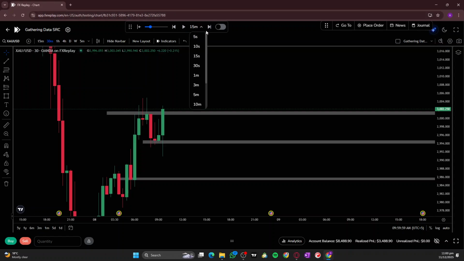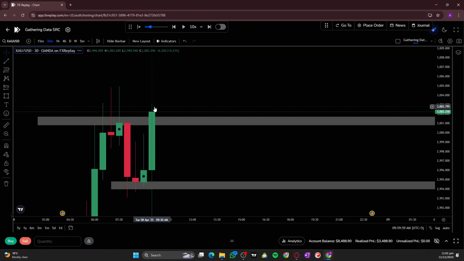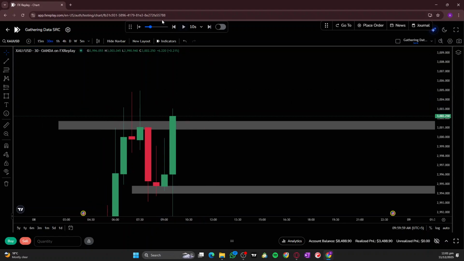Let's just now wait for the next candle to start forming, and as soon as it starts breaking this high, I am gonna enter, okay?